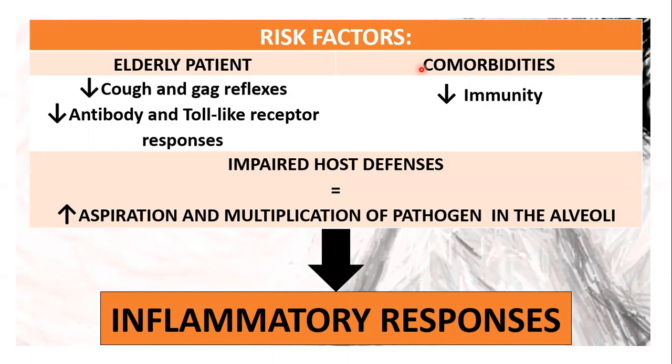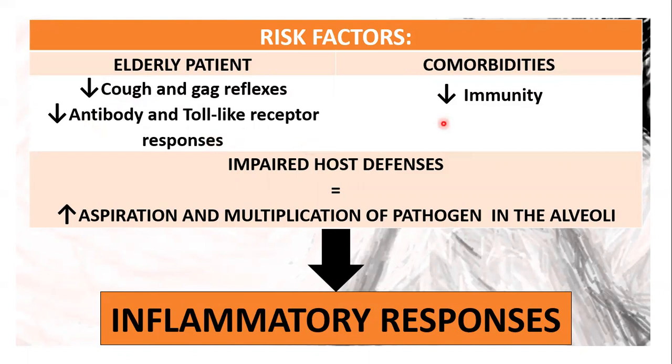So these comorbidities lead to decrease in immunity in our patient. While being an elderly patient, they have less reflexes for cough and gag reflexes. These are defenses that we use to prevent having pneumonia. And for the elderly, these reflexes are diminished. And then for the elderly, they also have decreased antibody and toll-like receptor responses.